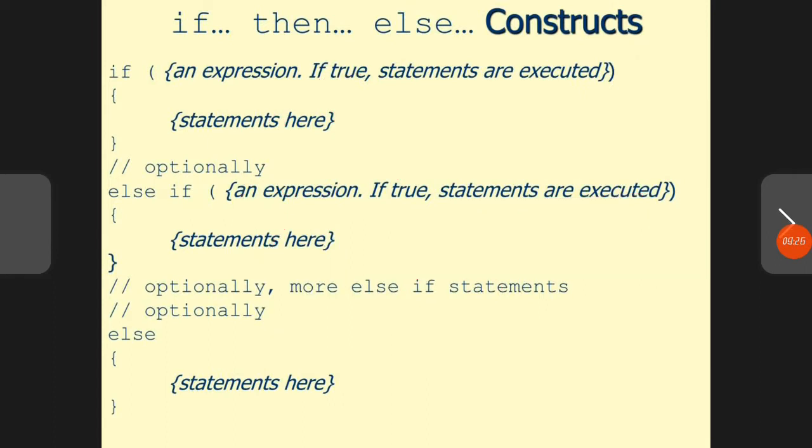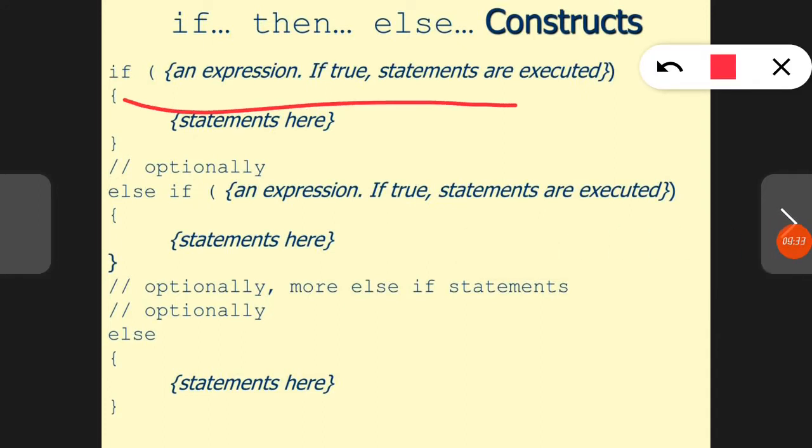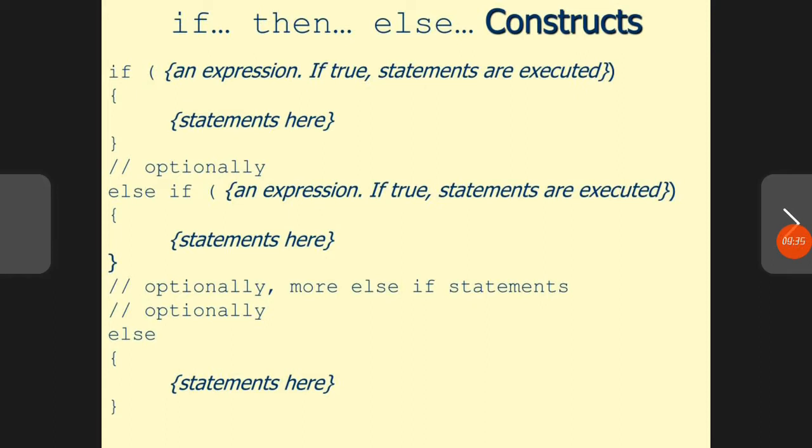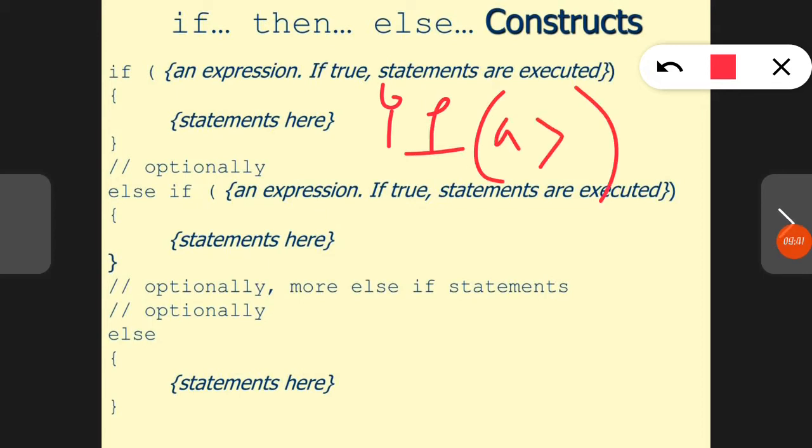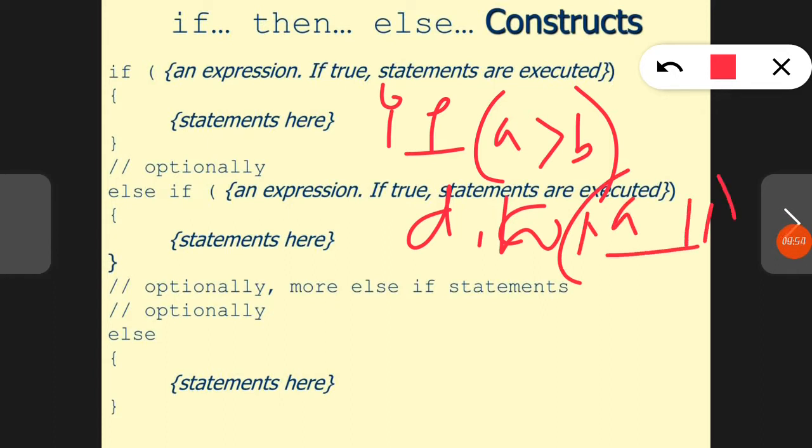Okay, for example, you can use the if statement like this. First we will discuss the simple if statement. How to place the condition within brackets: if A is greater than B. In that case we want to print the statement like document.write, A is greater than B, within double quotation marks, and end with a semicolon.